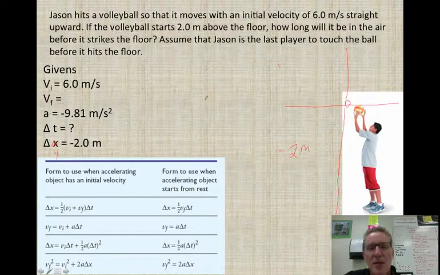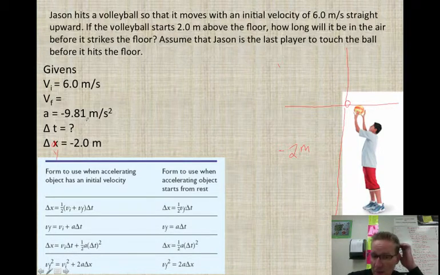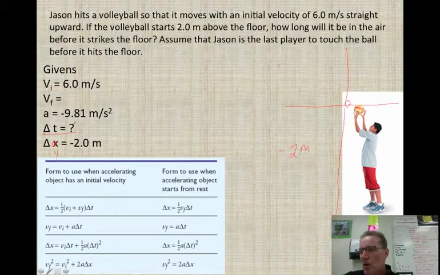And then because this is taking place on Earth, the acceleration due to gravity is going to be -9.81 meters per second squared. And we don't know the final velocity and we don't know the time. Now what we're being asked to find is, it says how long will it be in the air before it strikes the floor. So we're being asked to find time. So that's what we are going to focus on.